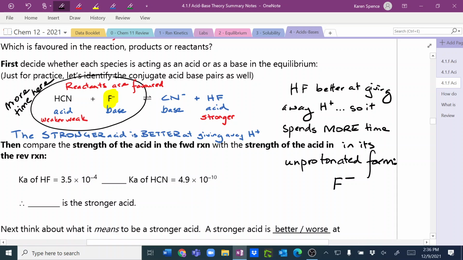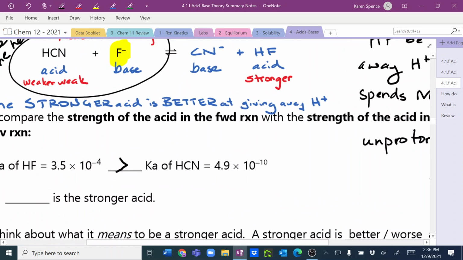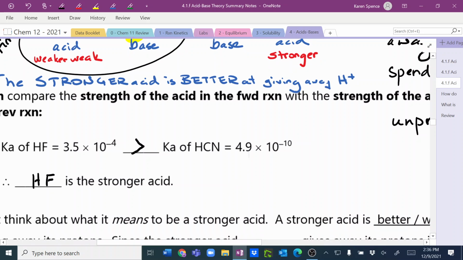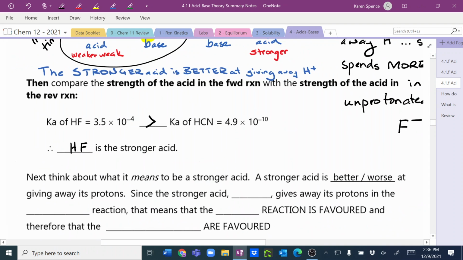And we can go through and we can write all this in. The Ka of HF was bigger than the Ka of HCN. We looked those up last day, so we decided HF was the stronger acid. A stronger acid is better at giving away its protons.